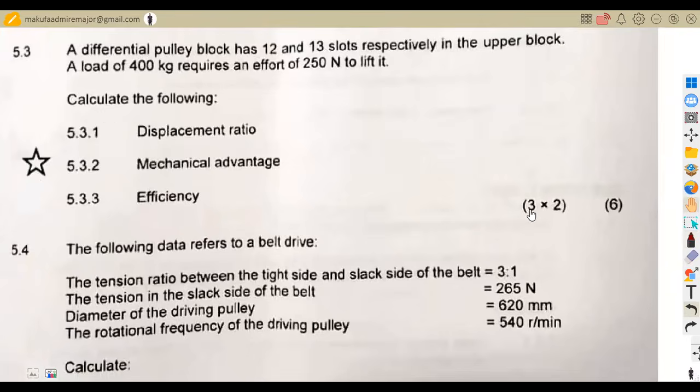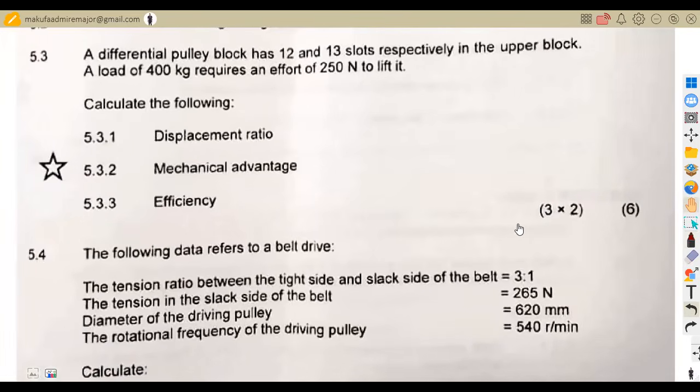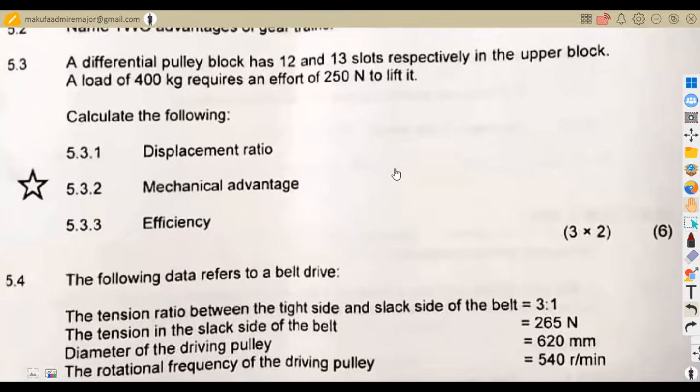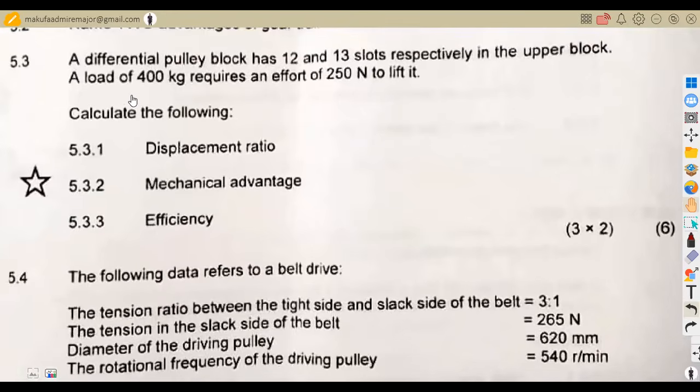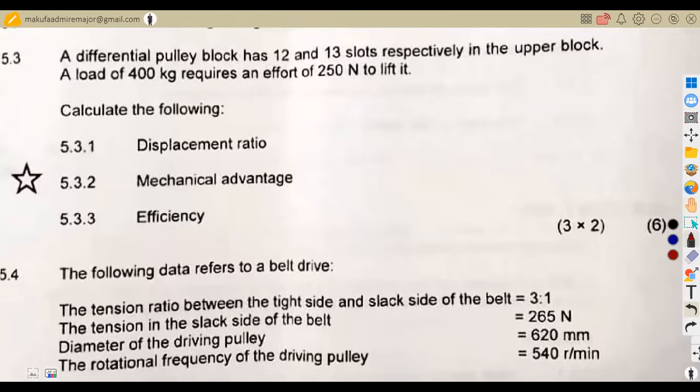Then if you check on the other part, we are given a differential pulley in this case, which has got 12 and 13 slots respectively in the upper block, and a load of 400 kgs requires an effort of 250 to lift it. All right, so if you had to take from this information, these slots, the smaller one, we can just write in terms of smaller s, which is 12, the bigger one, which is from the bigger diameter.